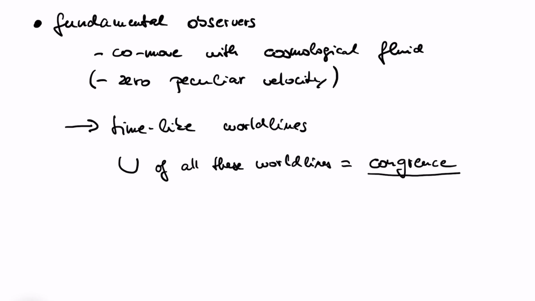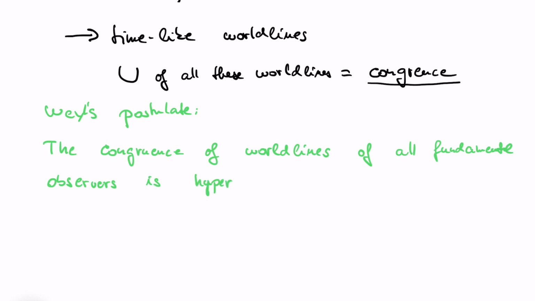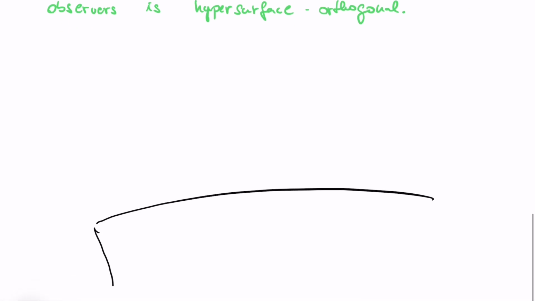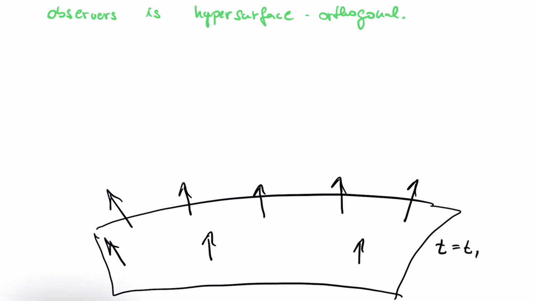Now, then comes another postulate called the Weyl postulate. The congruence of world lines of all fundamental observers is hypersurface orthogonal. This means that we can construct a three-dimensional space-like hypersurface that is orthogonal to all world lines and assign it a value of the time coordinate which will be common for all the intersecting points at all the world lines.